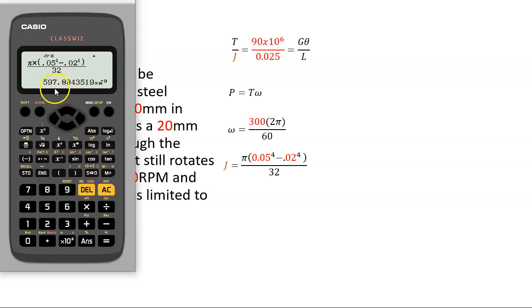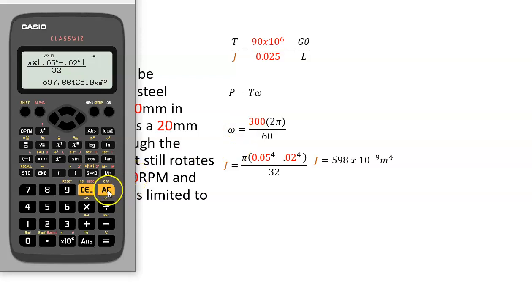So that is 597 by 10 to the power minus 9. And if I round that up, that's 598. So I get 598 by 10 to the power minus 9 meters to the power 4.